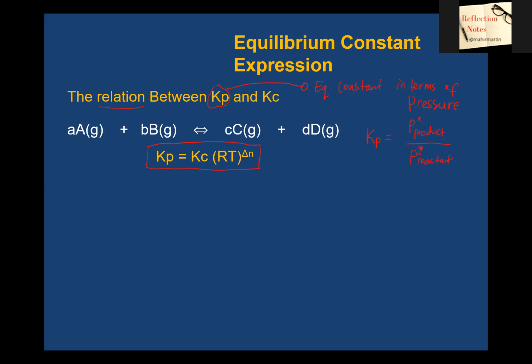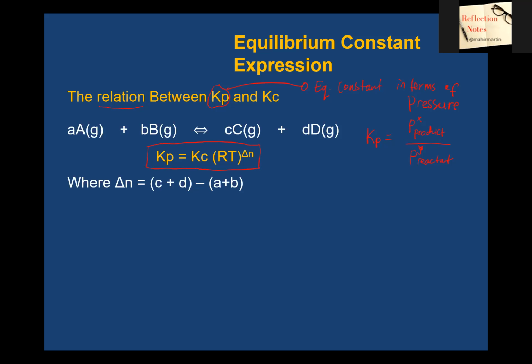Okay. And delta N, now the problem is delta N. What is delta N? Delta N is the sum of the coefficients of the product minus the sum of the coefficients of the reactant.